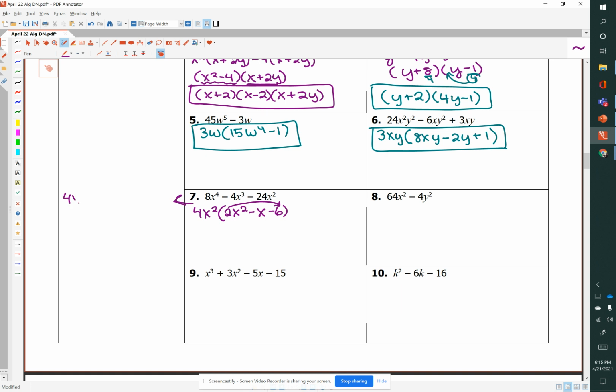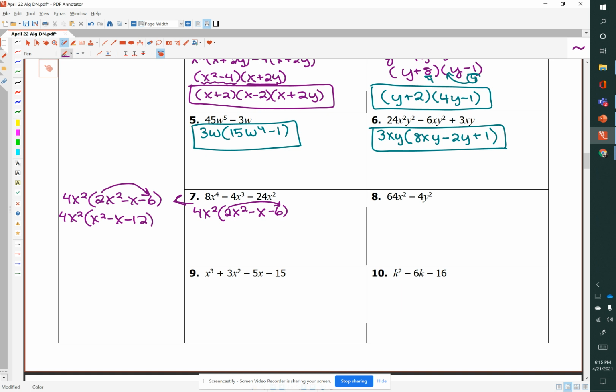So we've got 4x squared times 2x squared minus x minus 6. And then we'll slip the 2 over, multiply it by the 6 for 4x squared, x squared minus x minus 12.